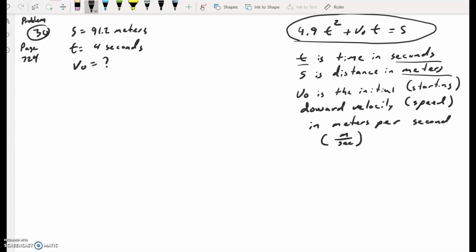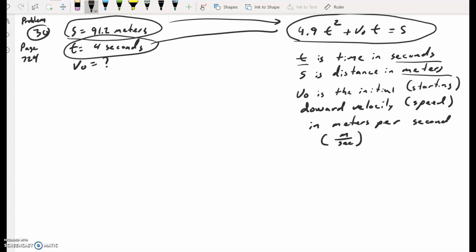And so now we're given some numbers to put into this equation, and we're given one thing to find out from this equation, and maybe we'll use the quadratic formula, maybe not. If we're solving for t, we would probably end up using the quadratic formula. If we're solving for v naught or s, we probably wouldn't.